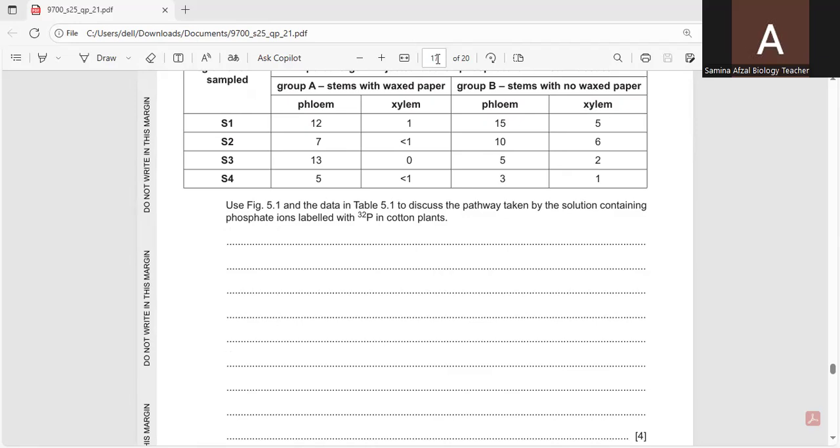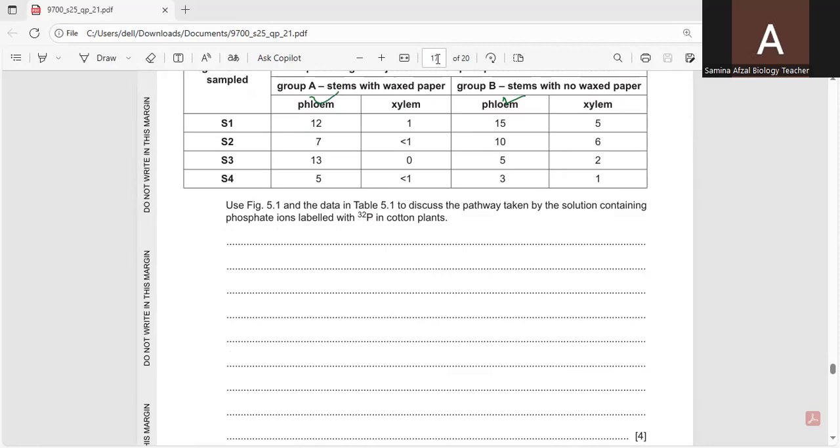The percentage of phosphate 32 in the phloem is consistently much higher than in the xylem for all sections in both groups. It is higher in phloem as compared to xylem. So it means that translocation takes place by the phloem.